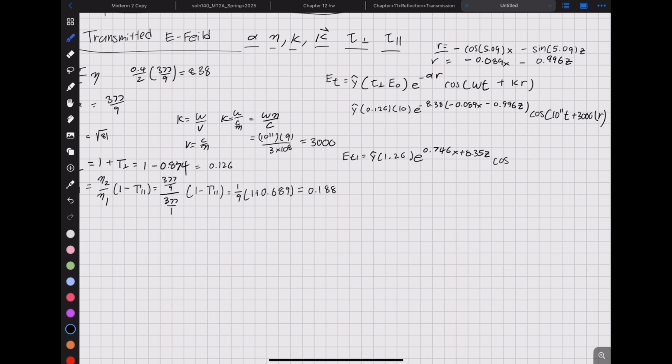Next, our cosine term, 10 to 11, same thing, they're in phase, so there should be a minus here. So this minus 3,000 distributes into the R, so we're going to get a plus.